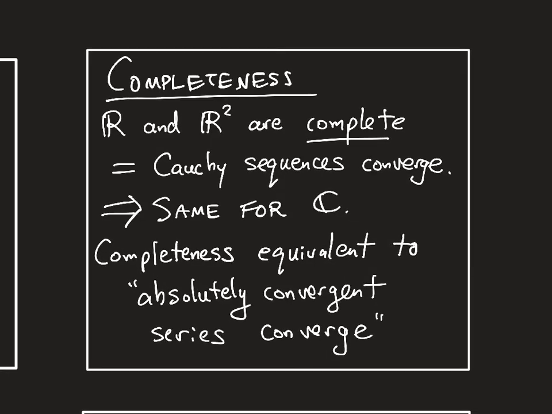So the real numbers are built exactly to have the property that it's complete. And you learn in real analysis, the real numbers and R2 are complete, which exactly means Cauchy sequences converge. And since we're using the same notion of convergence in C as in R2, the complex numbers are complete.